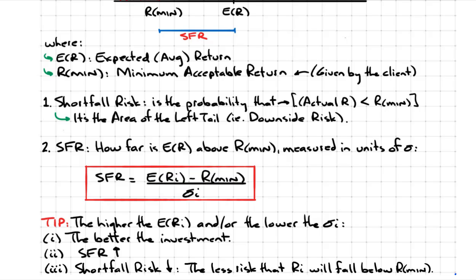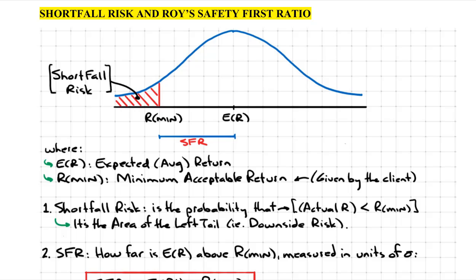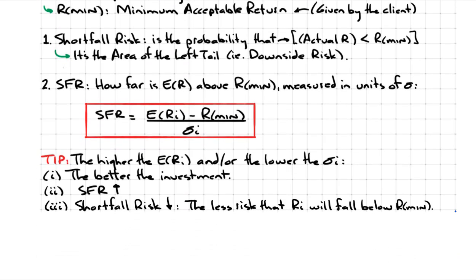Now, of course, the greater the gap between expected return and R min, the better the investment. In other words, if this gap is wide, then there's a lesser chance that the actual returns will fall below this minimum threshold. So let's have a look at the conditions more formally.